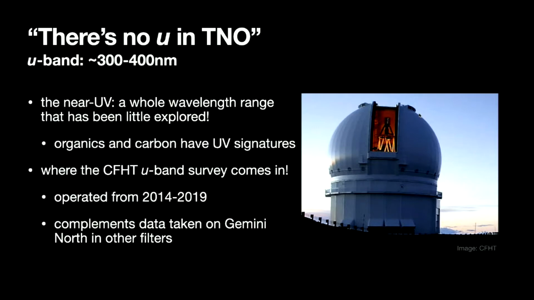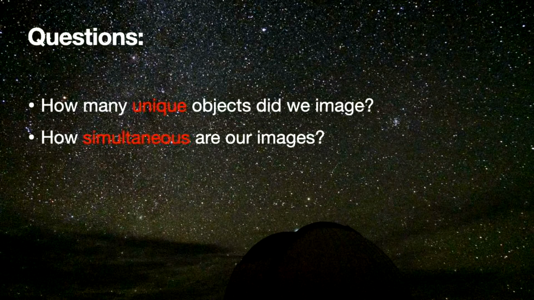That is the data I'm working with, and it complements data taken from another telescope that also looked at the same objects at the same time, but in different filters. So it can do that color measurement that I mentioned earlier. So this is all the science side of things. Now we move on to how I use Pandas to answer some of these questions.